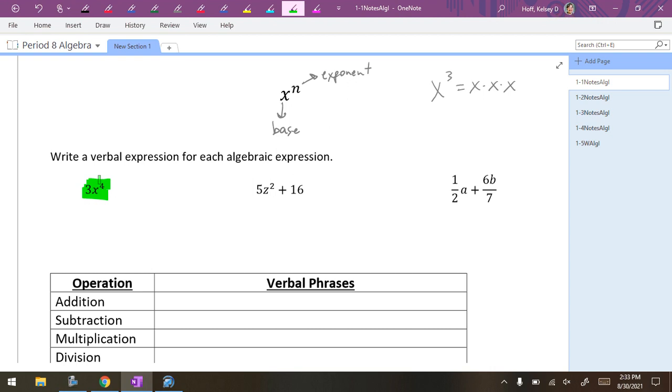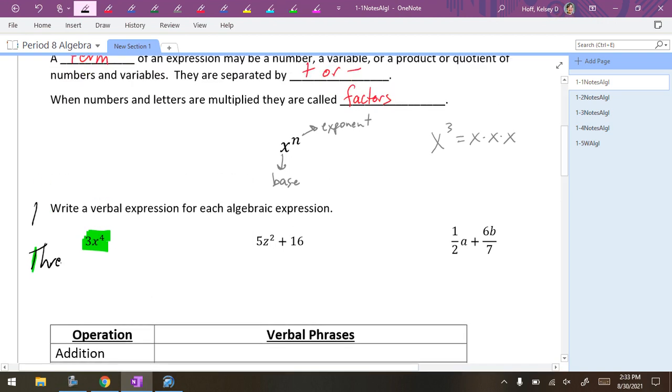Bingo. If you say 3x to the fourth power, they think it's both the 3 and the x. So make sure you just have that word times in there. So if you want to write that down just for yourself here: 3 times x to the fourth power. I should actually spell out fourth.